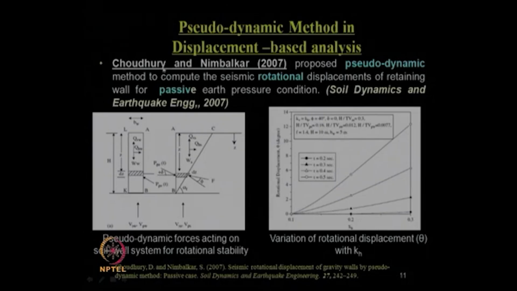So, once you design your wall with respect to the sliding condition, next you need to check the rotational condition: how much rotational displacement you are getting for a particular value of earthquake excitation or input value.